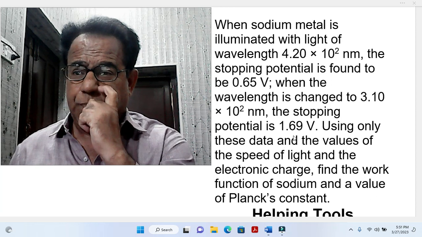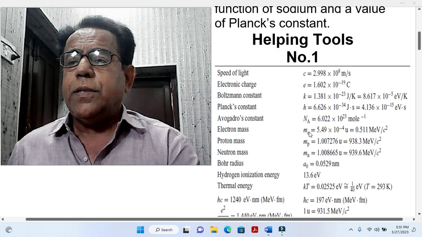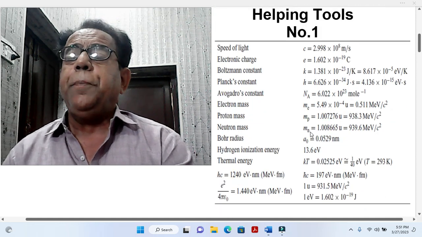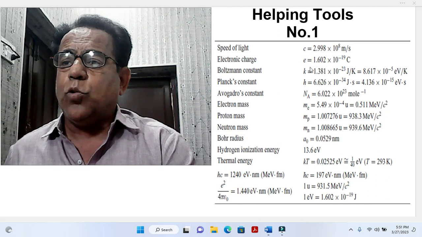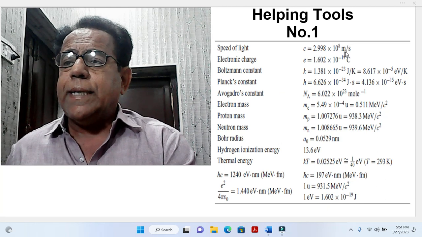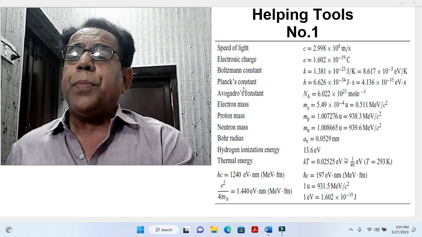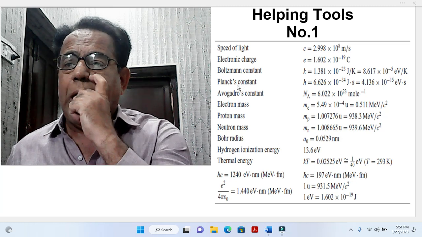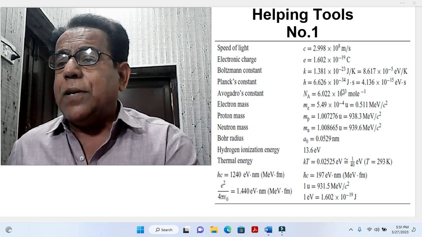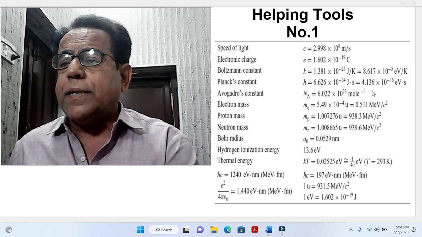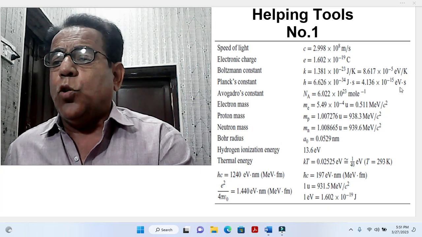Now we come to the helping tools. Dear students, this is the first helping tool. In this table the speed of light is a constant, 2.998 into 10 to power 8 meter per second. Moreover, Planck's constant h, which we have to find out, is already given in this table in two different systems, in joule second as well as in electron volt second.